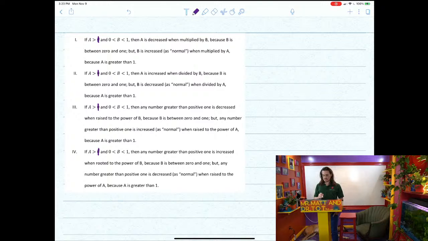Similarly, A is increased when divided by B because B is between 0 and 1, but B is decreased as normal when divided by A because A is greater than 1.